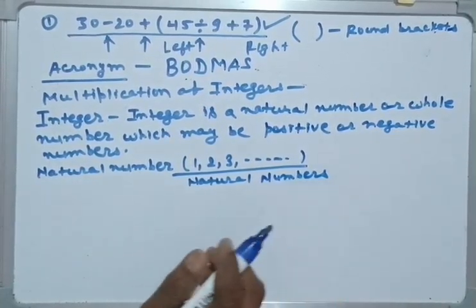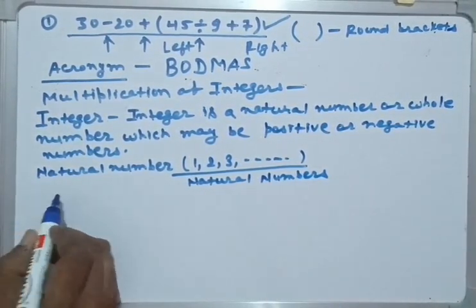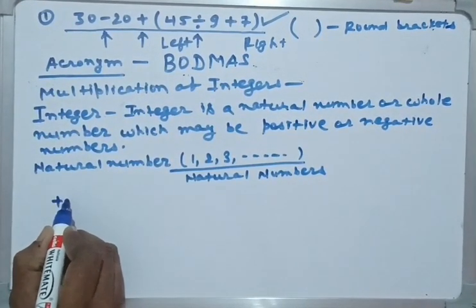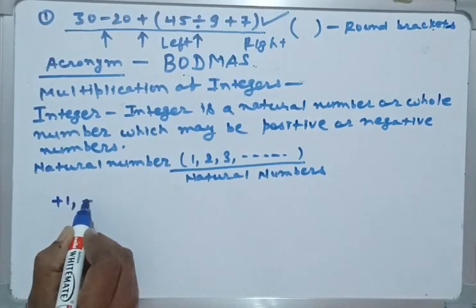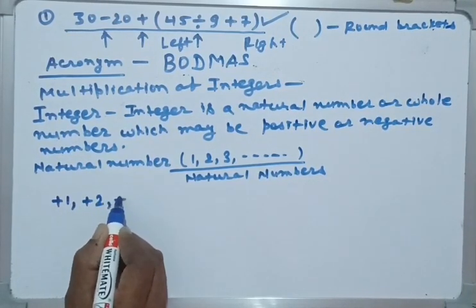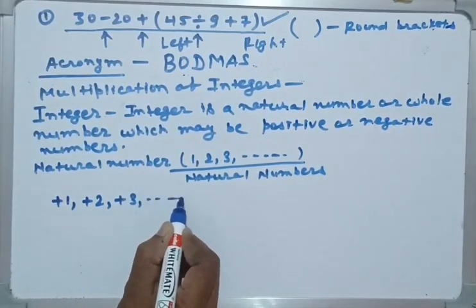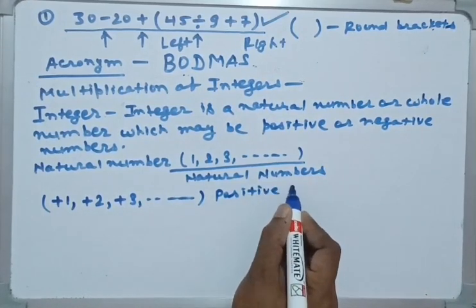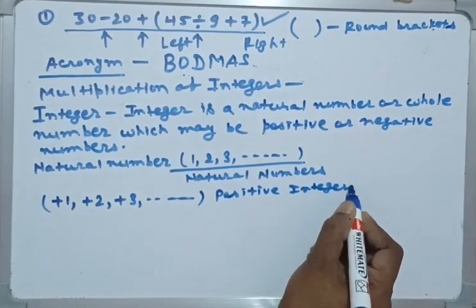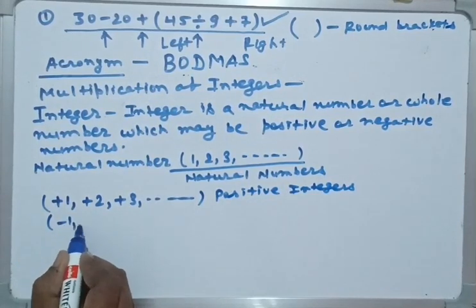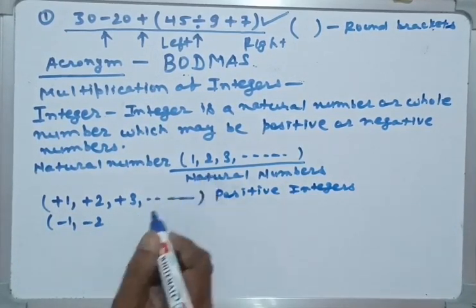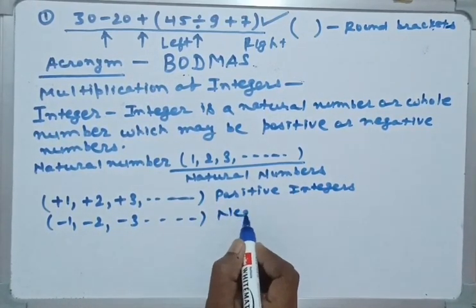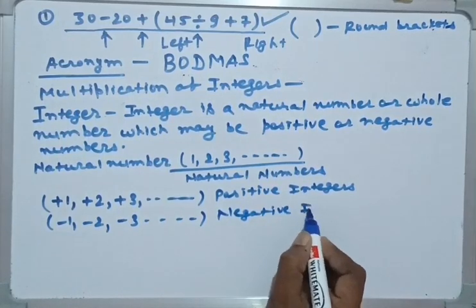When you put a positive sign before 1, 2 and 3 and so on, these are known as positive integers, and when you put a negative sign before these natural numbers, these are known as negative integers.